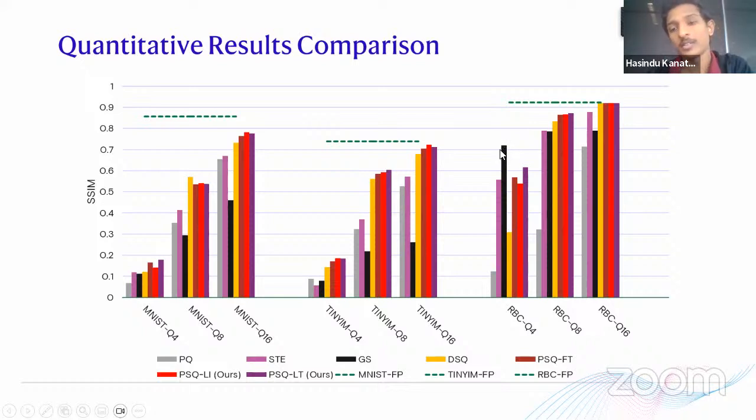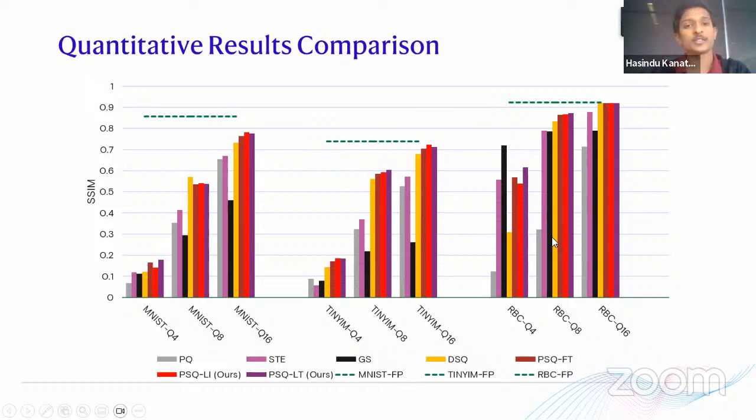If we go into the qualitative results, I'll show you that it's because of this data set, the shape of the red blood cells. And if we consider the progressive training approach, in all the cases at least one of the progressive training methods outperforms this fixed temperature case.